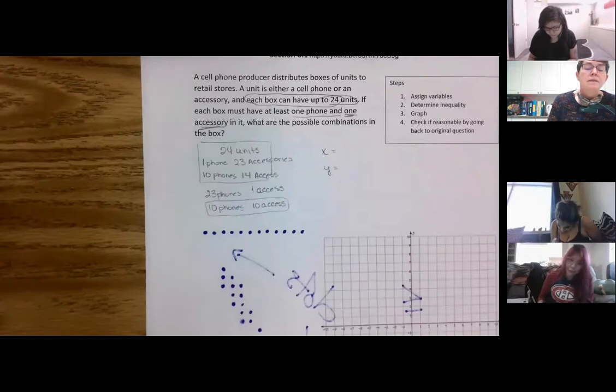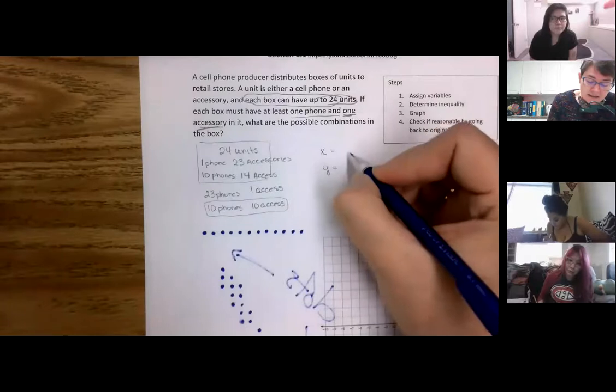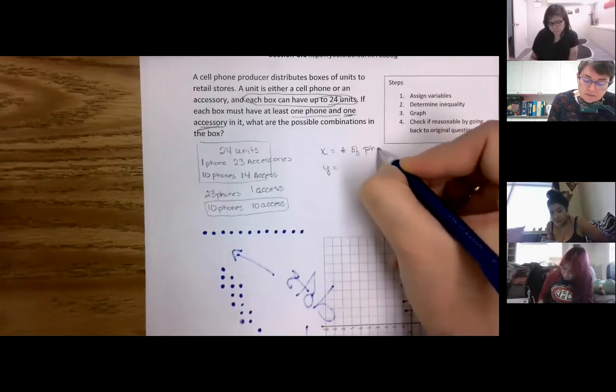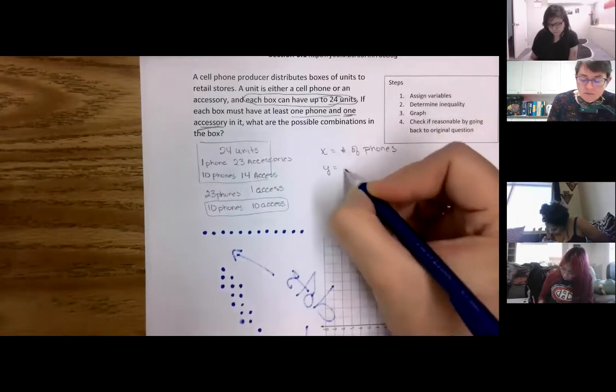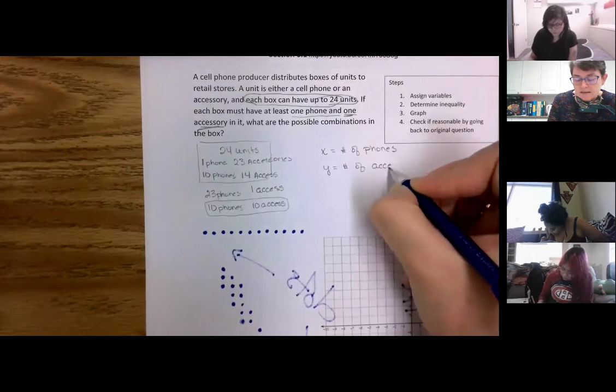Sometimes, if the questions are a little more complicated, I would make one of them A for accessories and C or P for phones, but there's not much going on in this one, so we'll just go easy. So we'll let X equal the number of phones and Y equal the number of accessories.